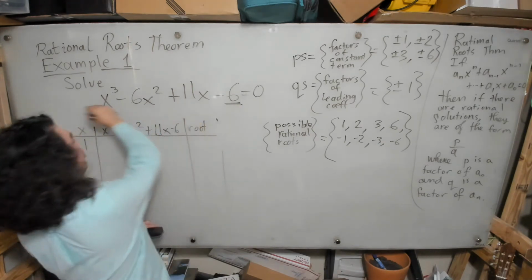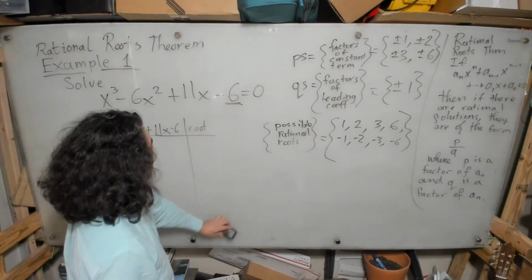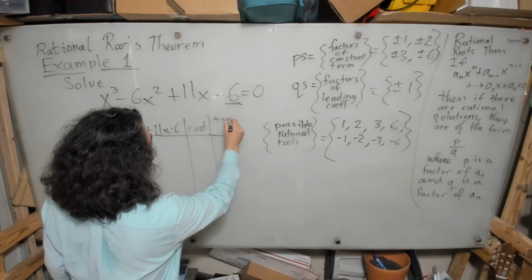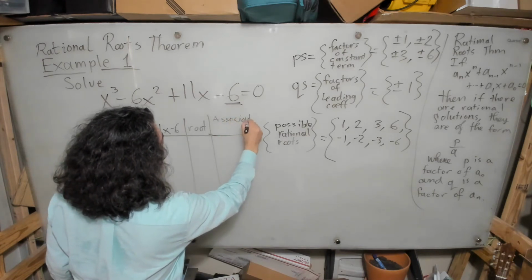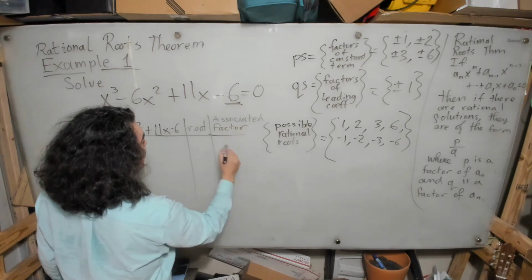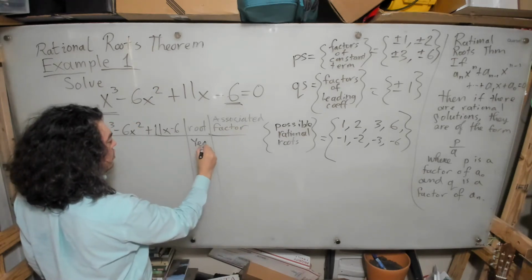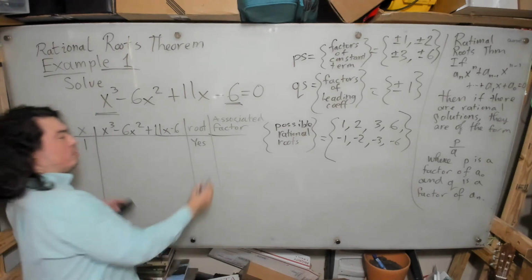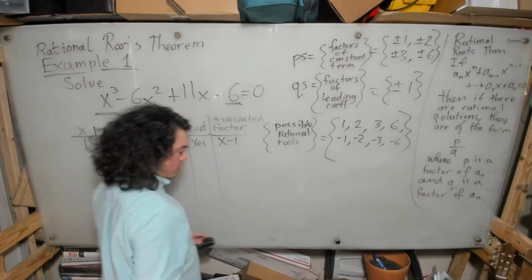In other words, is it a solution of this equation, right? And if so, what is the associated factor? Right? So in this case, it was a root, and the associated factor in this case would be x minus 1, right? Okay.